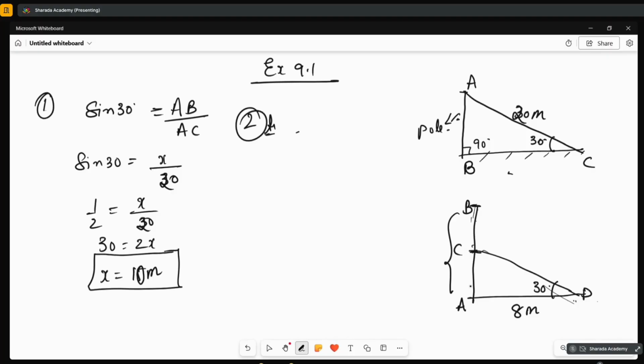So the total height of the tree is AC plus CD. Now you should calculate AC plus CD. Here the broken part is CD. So AC plus CD will give you the total height of the tree. We'll do the third one now.